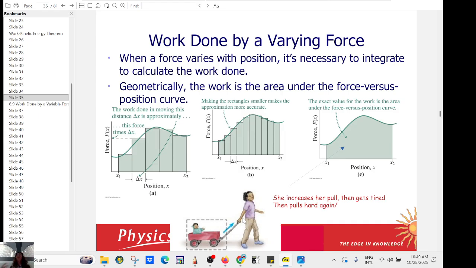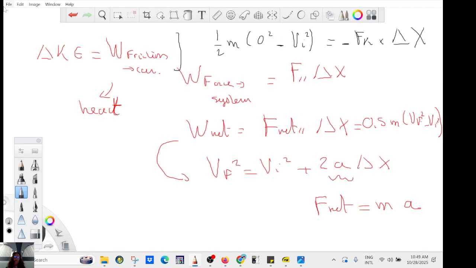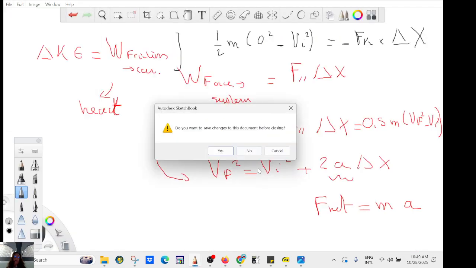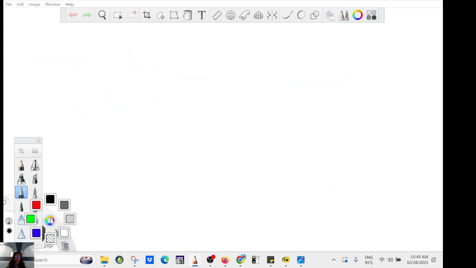So the force can change with the displacement. I pull, I get a boost of energy, I pull harder, and then I get tired, and I'm not going to pull as hard. Okay, so we need to change the equation a little bit. If you have any question, let me know, right?